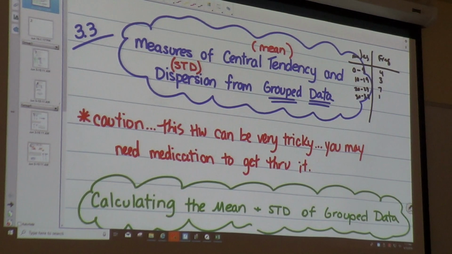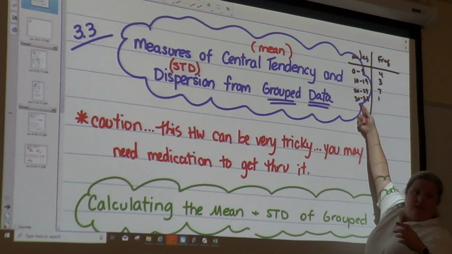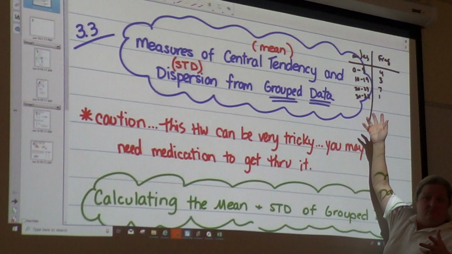What would my mode be? 20 to 29. Yes, 20 to 29 would be my mode. Good. So group data means you have a group of data to put in.